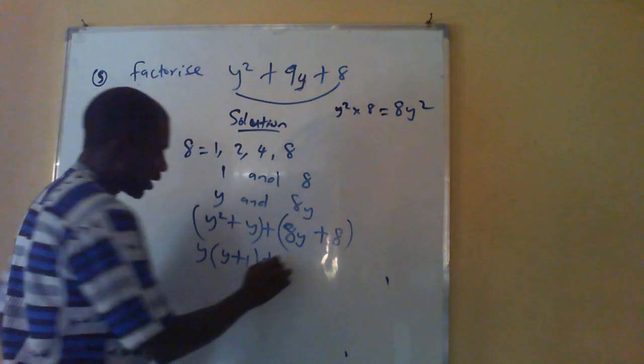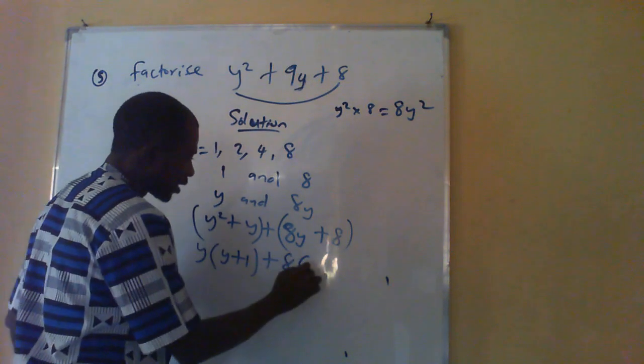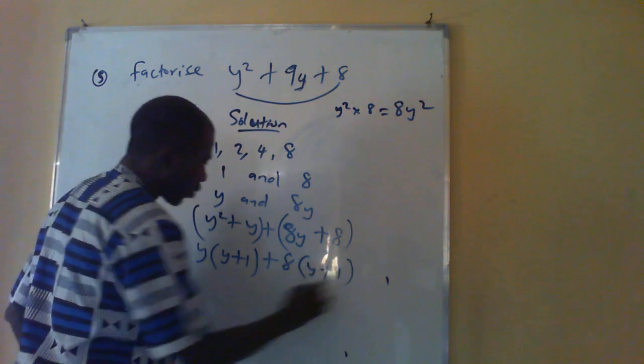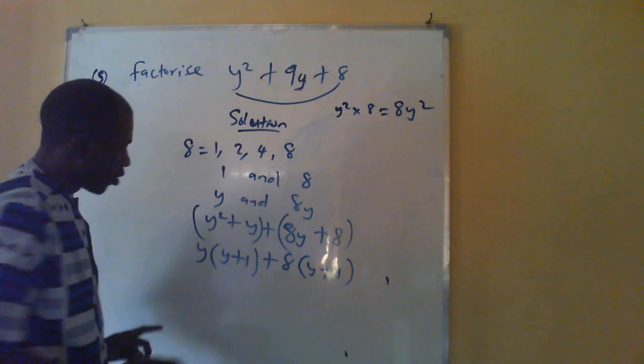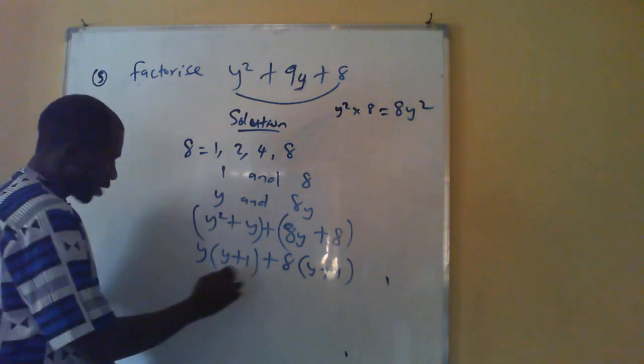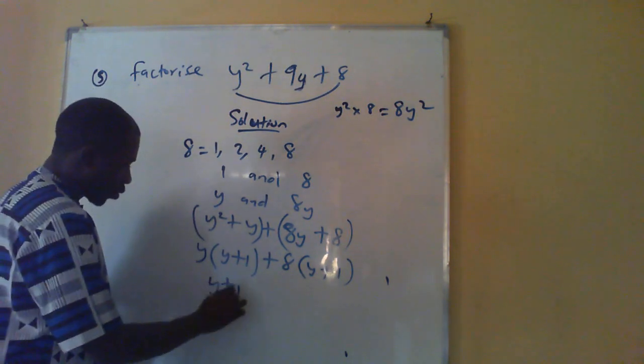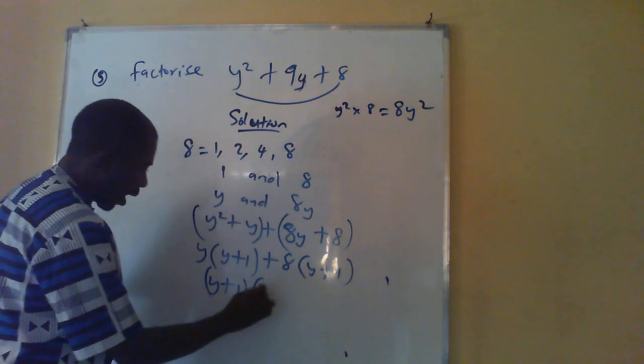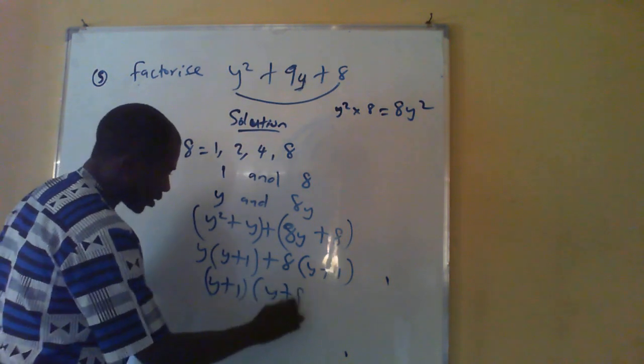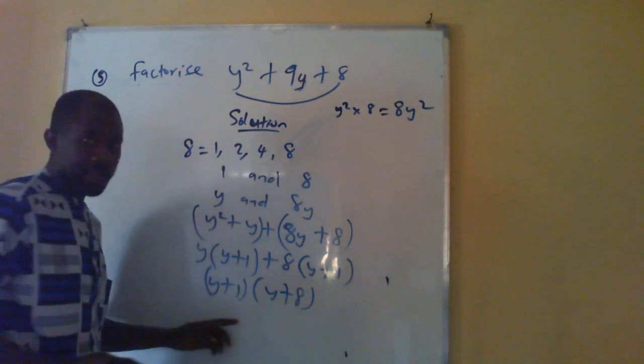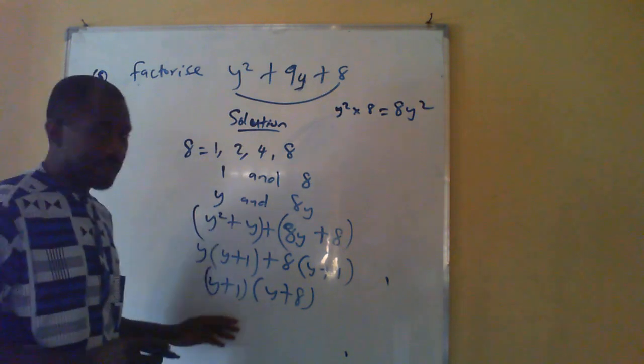Again, the common factor here is 8. You bring 8 out, y plus 1. So you factor this one out, and you get y plus 1, open bracket, y plus 8. Final answer. So this one will be our final answer.